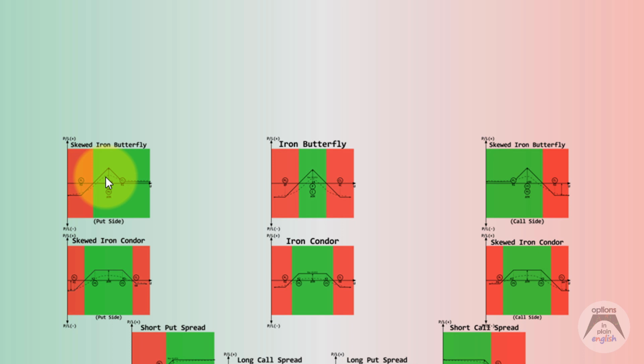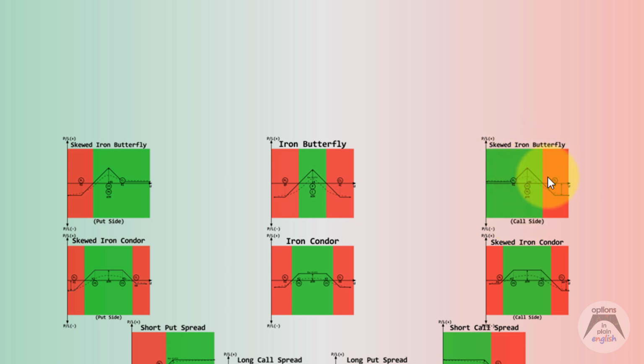This would be a very bullish strategy, one that is selling premium, but at the same time benefiting from a move higher because we don't take any risk on the upside. The same thing happens on the other side with a skewed fly on the call side.